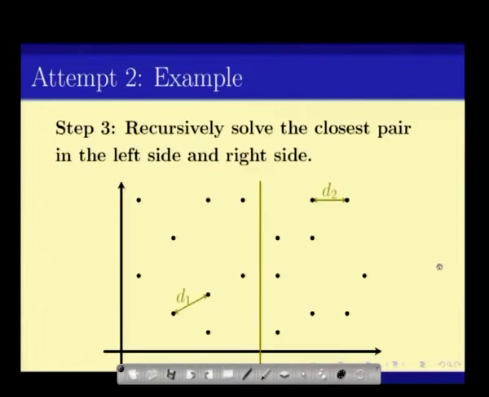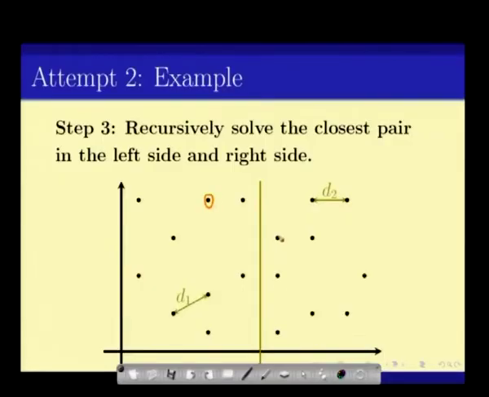So, in this example, say I have found D1, which is the closest pair here, and D2, the closest pair here. This example is just an example, so this thing is not up to scale. Once we have D1 and D2, we therefore know one pair at distance D1 and one pair at distance D2.